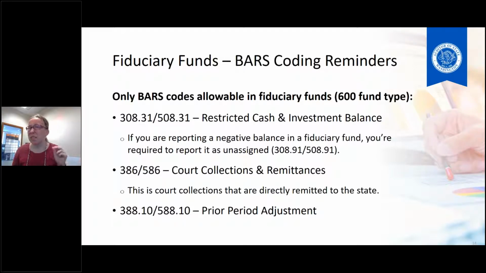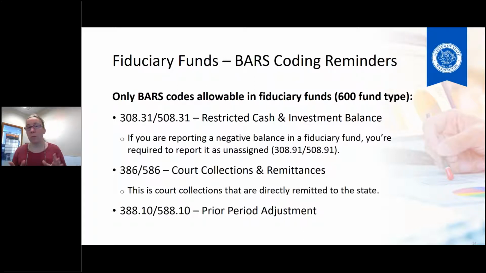There are some very, very rare circumstances where you may need to report a negative cash and investment balance in your fiduciary funds. In these cases, that negative balance would be in the 30891 and 50891, which is your unassigned cash and investment balance.